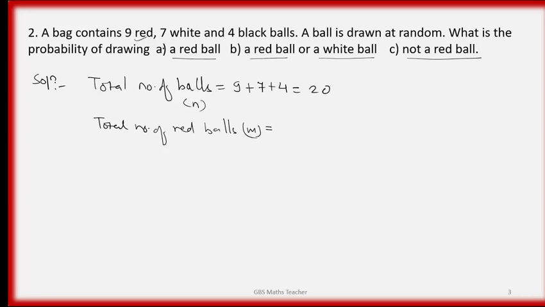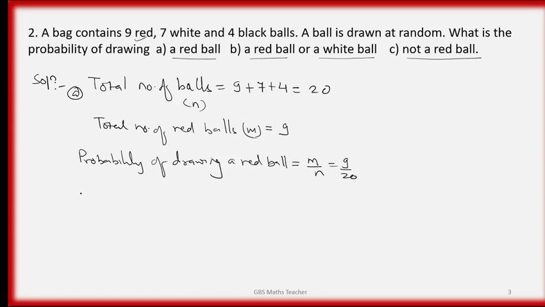How many red balls are here? 9. Yes. And the probability of drawing a red ball equals m over n, 9 over 20, or any language you can use. This is part A.